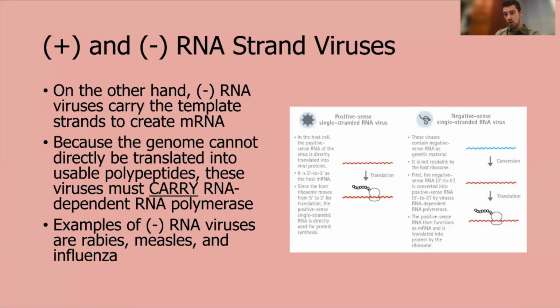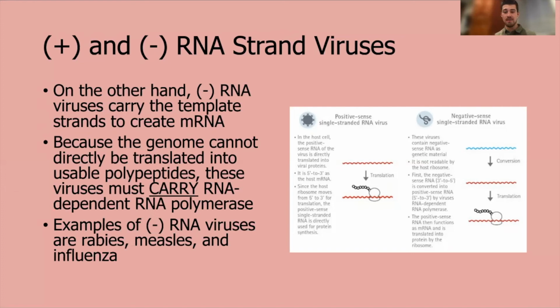So if we have no proteins and just that RNA, there's no possible way that we can make that complementary strand, because our host cells, our human cells, do not code for RNA-dependent RNA polymerase. So these negative strand RNA viruses have to have this protein already created in order to function and create more.